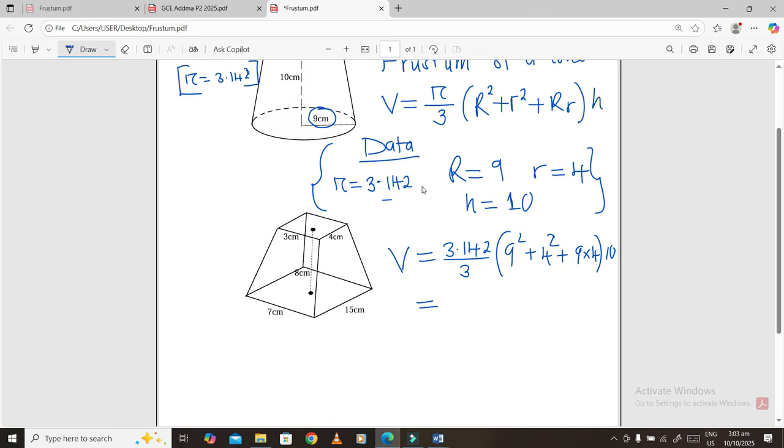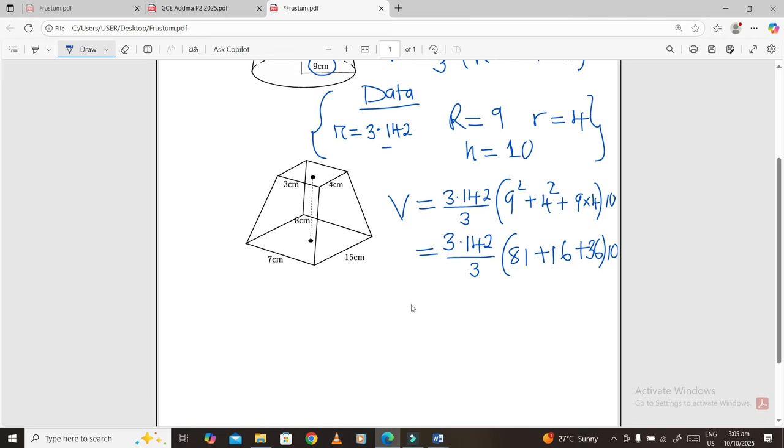You now start doing your simplification. 9 squared, that is 9 times 9, gives us 81. Plus 4 squared, that is 16. And when you multiply 9 times 4, you get 36. And then a 10 here.